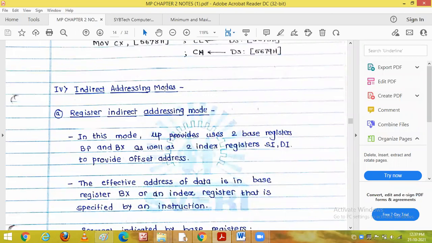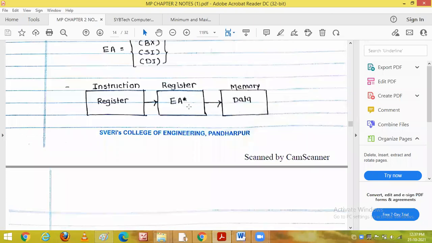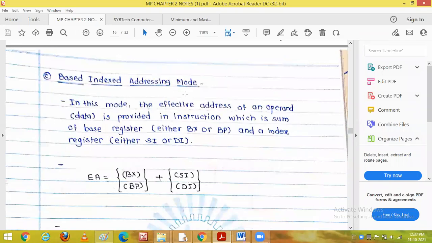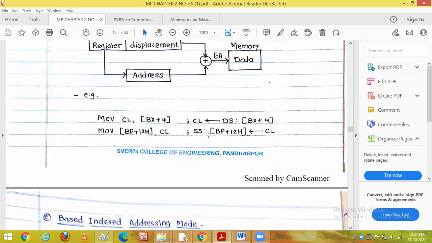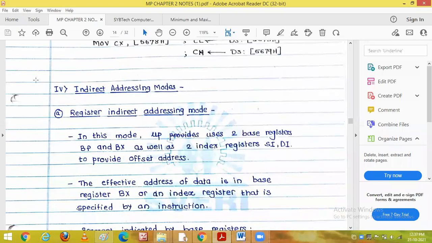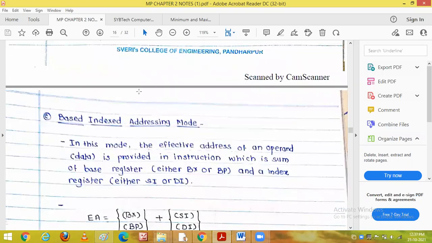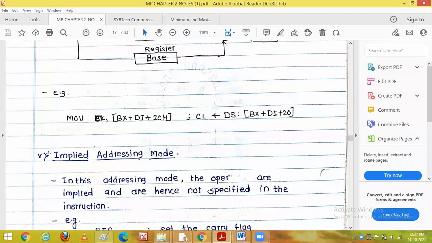Again in the fourth one there are subcategories: register indirect addressing mode, register relative addressing mode, based index addressing mode, and based index relative addressing mode. So in indirect addressing mode there are four types. And at the last, the fifth one is the implied addressing mode.